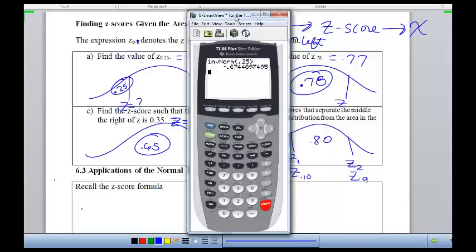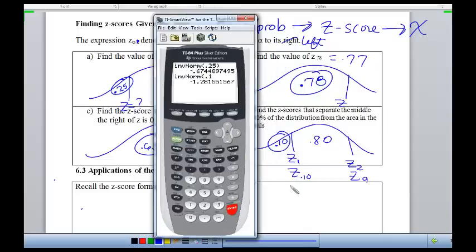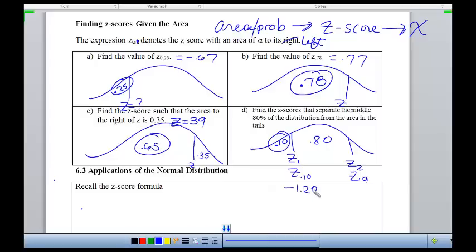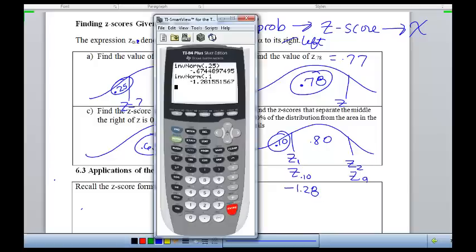So for this one, if we wanted to do inverse norm, 0.1. Second distribution. Number 3, we'll put in 0.1. Okay, that first value is going to be negative 1.28. Okay, and then our second value, we do inverse norm, 0.9.